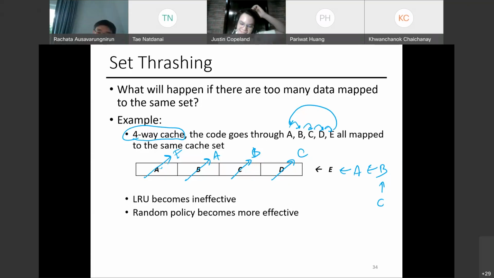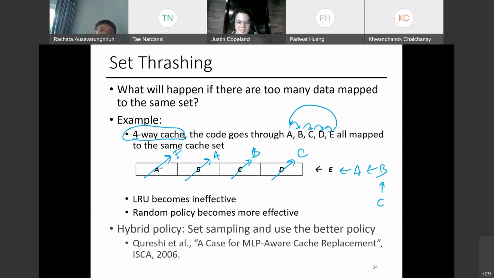So there's also been proposals on how to design the replacement policy. For example, there's a paper in ISCA, another top conference in architecture. The paper says we can use a combination of LRU and random, and we sample which one is better for each set and pick the one that's better for now.